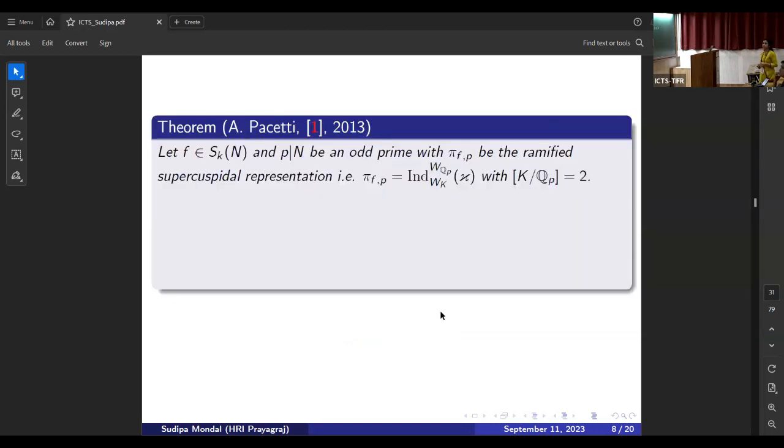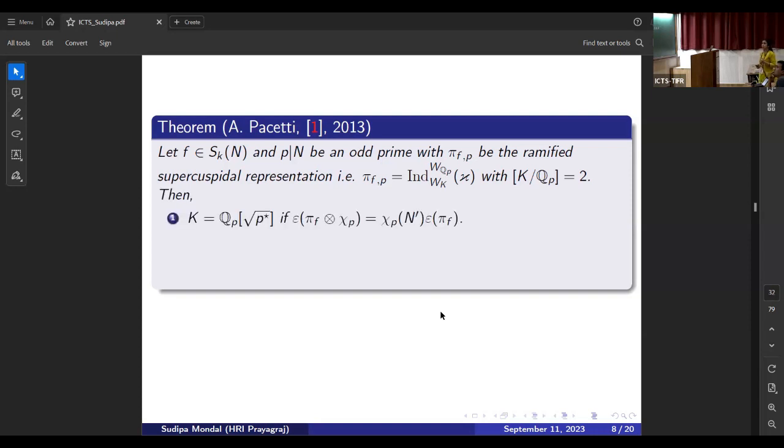He says that if we start with a newform f of weight k, level n, and trivial Nebentypus, and suppose p dividing n is an odd prime with pi p a ramified supercuspidal representation, that means pi p is coming from a character of a quadratic extension of Qp.